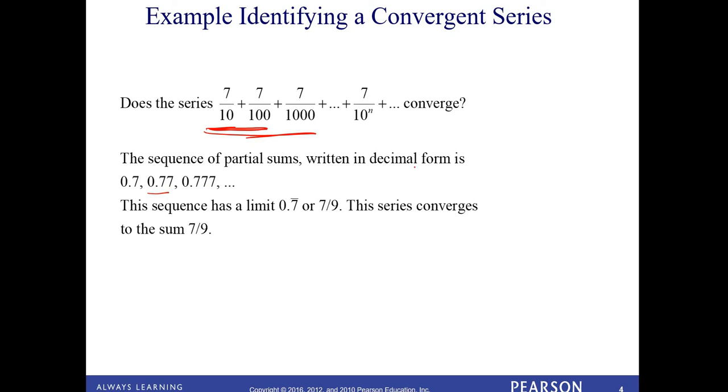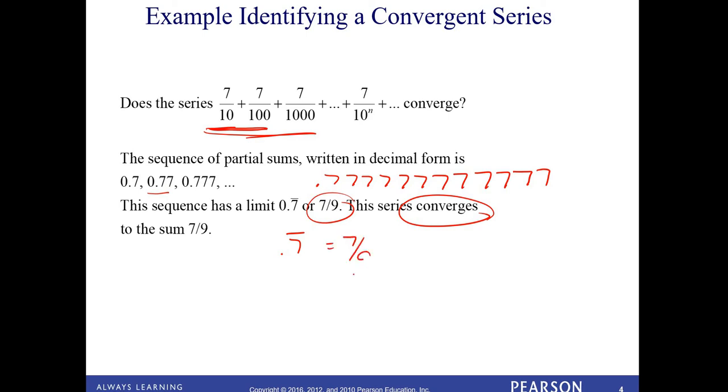As I continue to add partial sums, as I go to infinity, I have a sum that does converge upon 7/9. 0.7 repeating is equal to 7/9. So this series converges to the sum of 7/9.